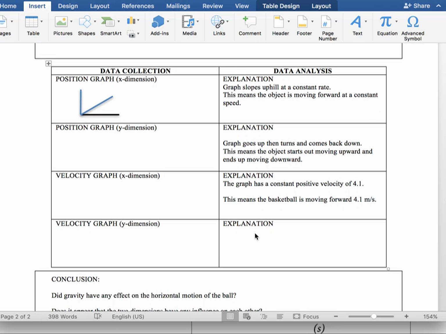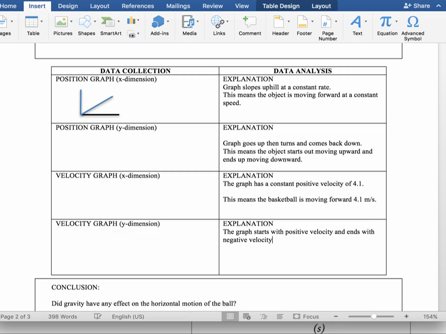Finally, the last graph: the graph starts with positive velocity and ends with negative velocity. The slope is -9.